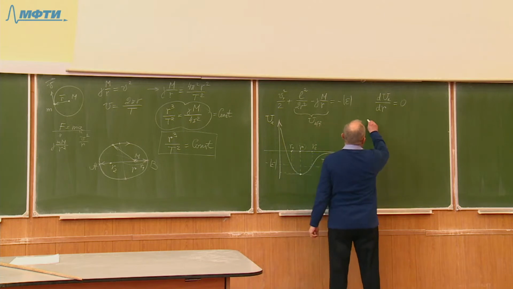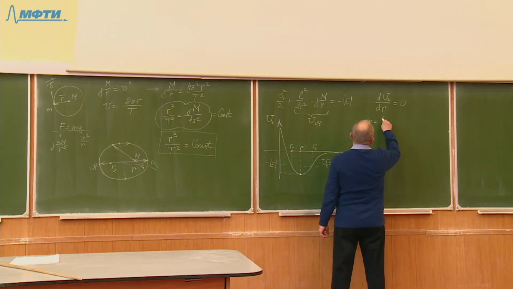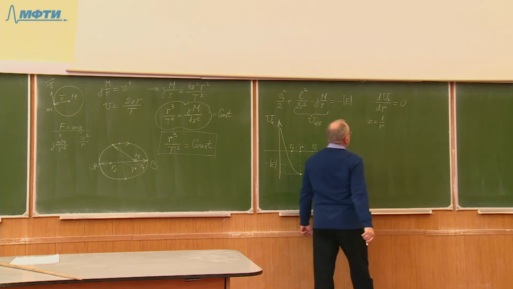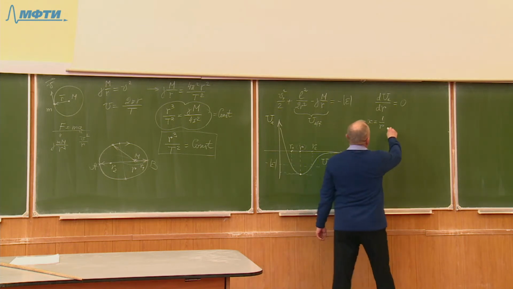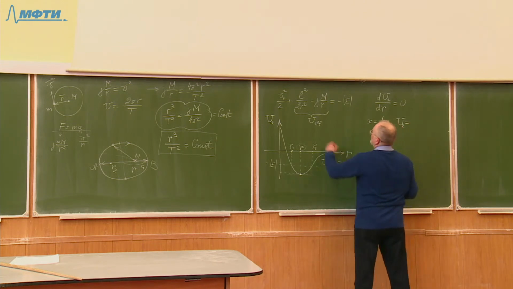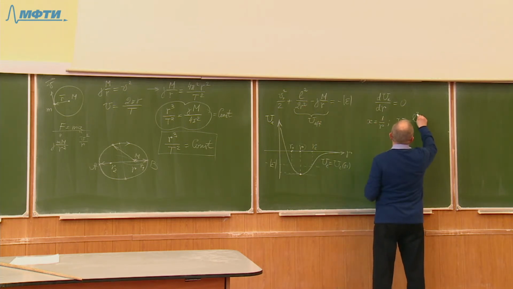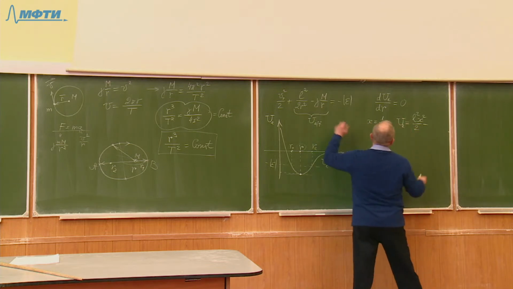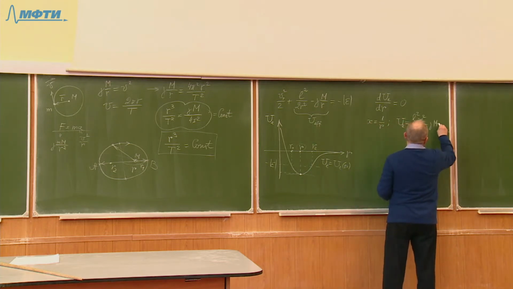So I will introduce another variable, x equal to 1 over r. In this particular case, the effective potential can be written as L squared x squared divided by 2 minus gamma M x.